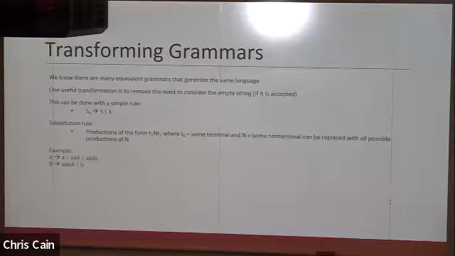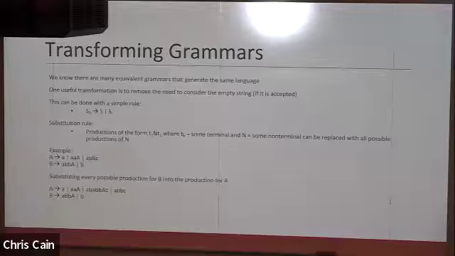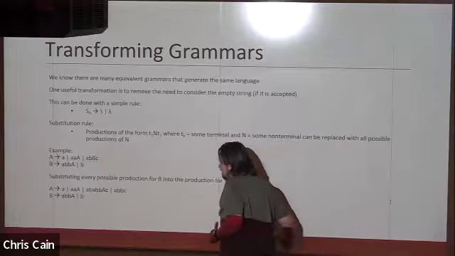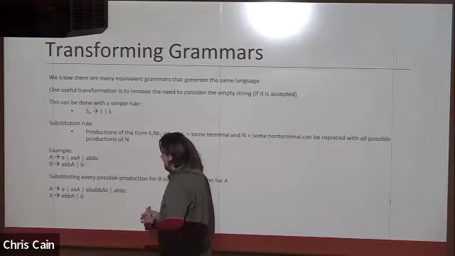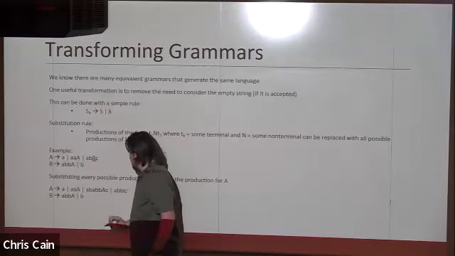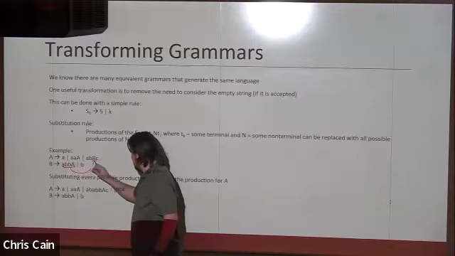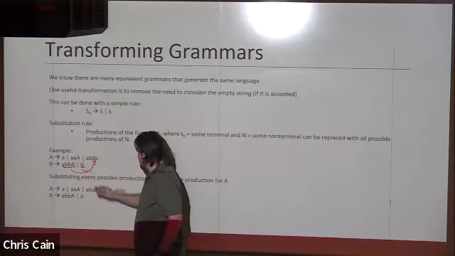So as an example, wherever B appears on a right-hand side, because it is between a lowercase b and a lowercase c, we can just create additional productions, replacing B with every definition for B. So this B is right here, so we're just going to insert that right there and insert that right there as two separate productions.